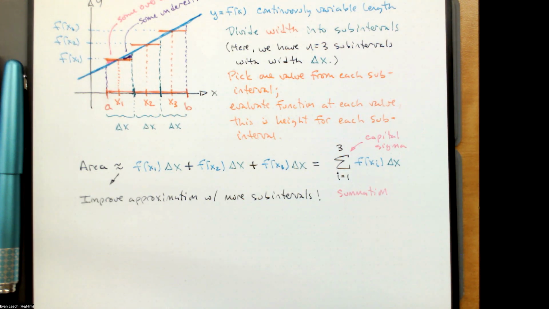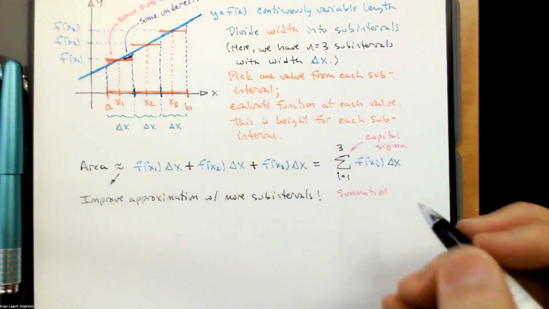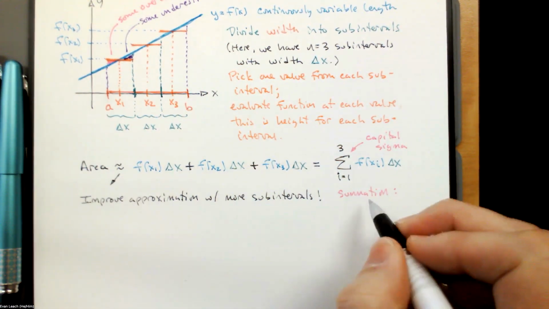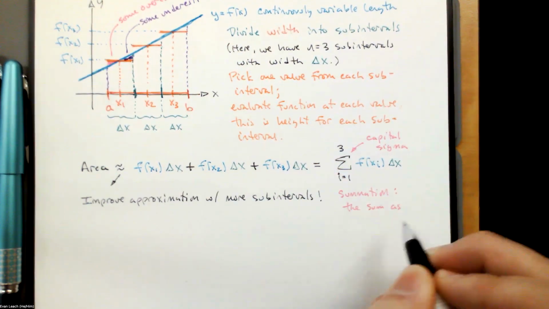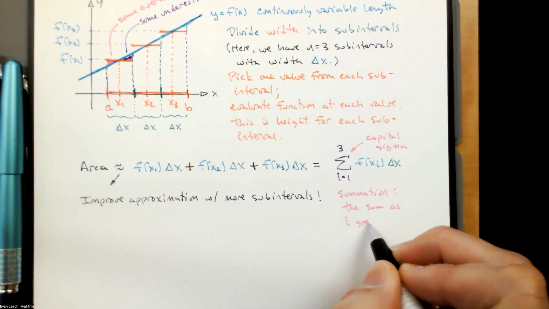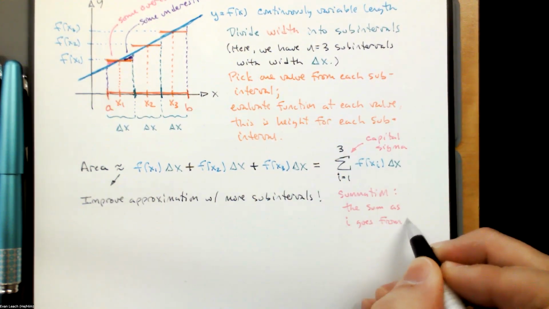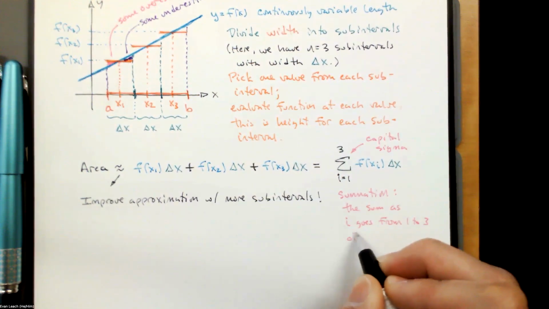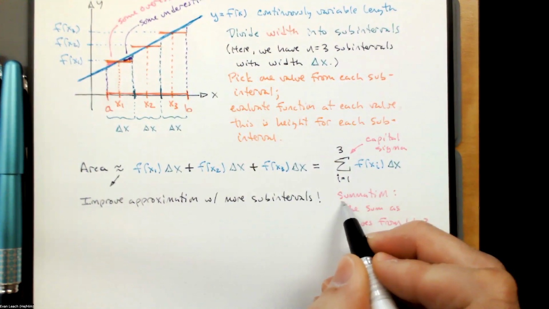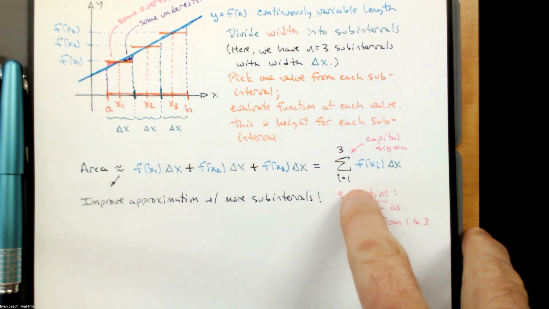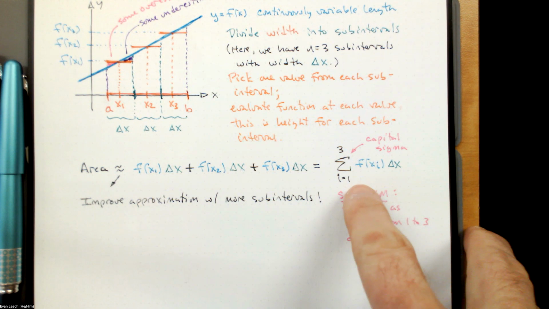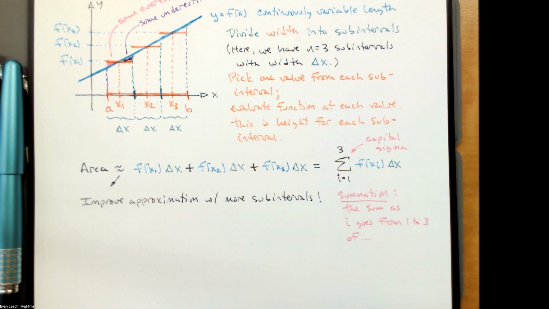We use capital sigma for a summation. This is the sum as i goes from 1 to 3 of f at xi delta x. That means take this expression, evaluate it for i equals 1, 2, and 3, and then add the results.